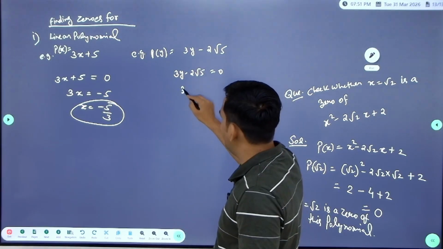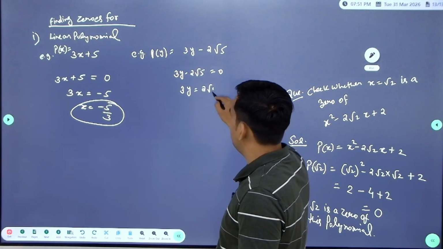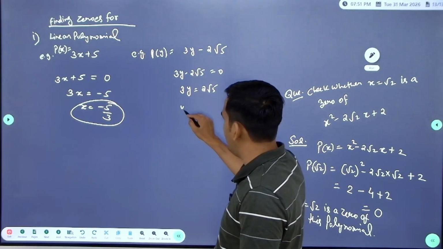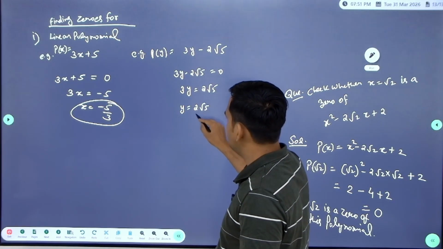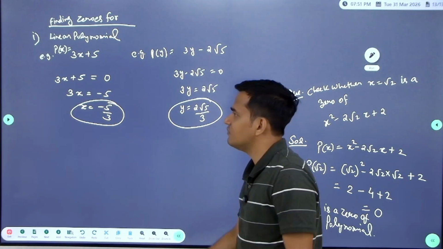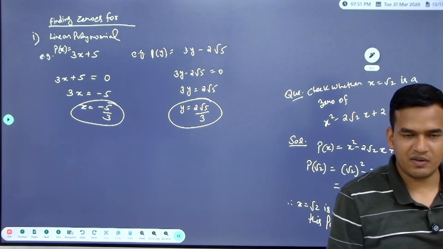So 3y is equal to 2 root 5, correct? So y is equal to 2 root 5 by 3. This is the zero of this polynomial. Understood?